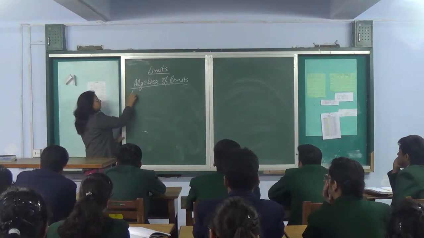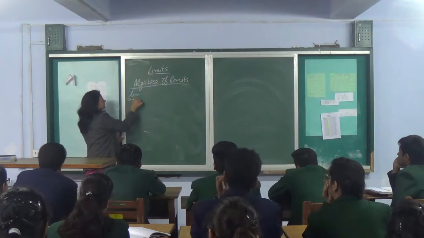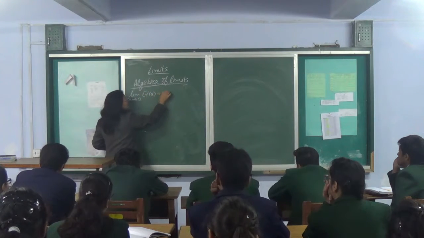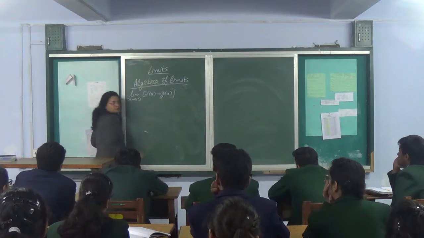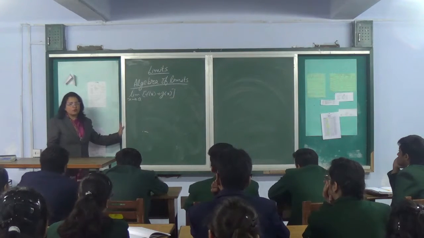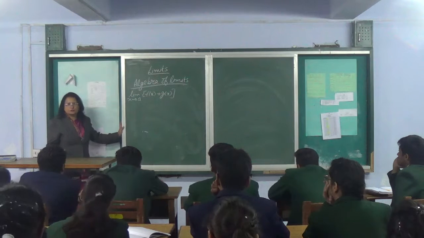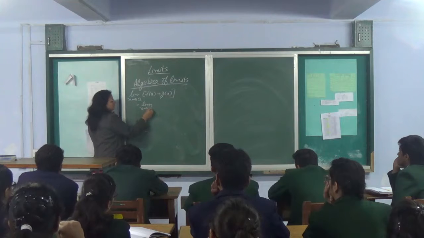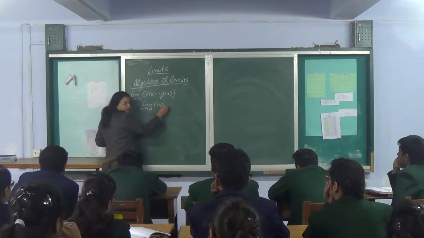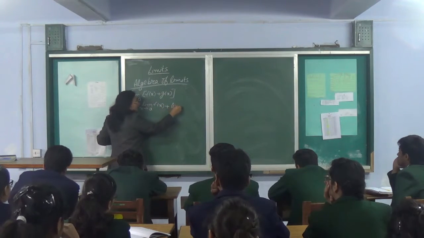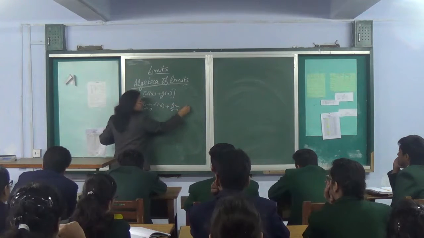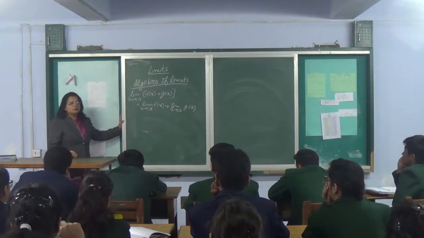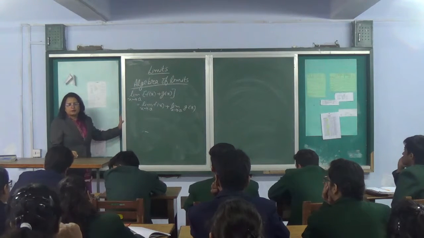Here you have limit x tending to a f(x) plus g(x), meaning when you have the function in the form of a sum of two functions. In this case it is the same as limit x tending to a f(x) plus limit x tending to a g(x). Means we can find the limit of each function separately.